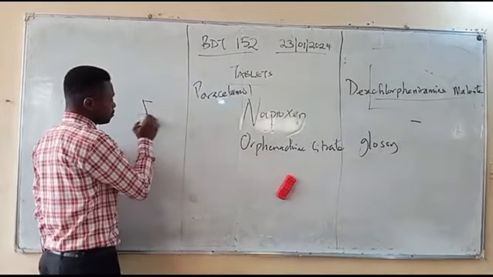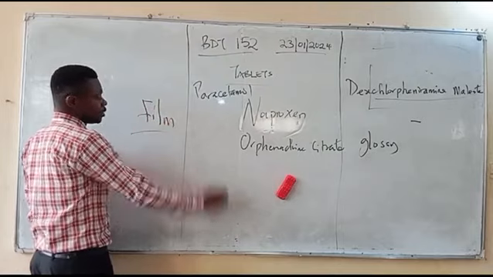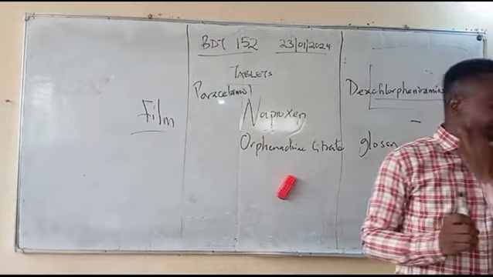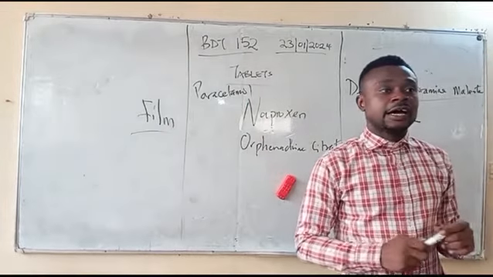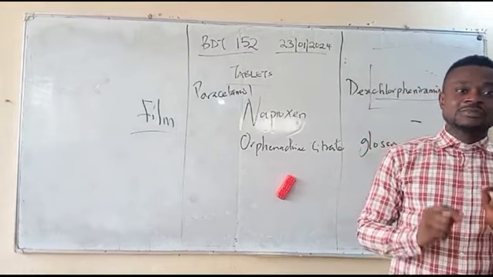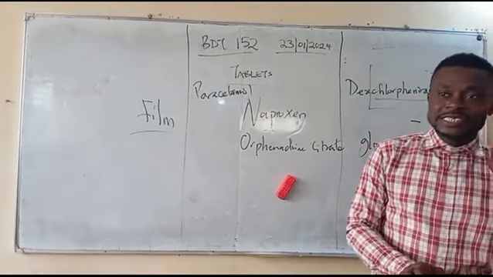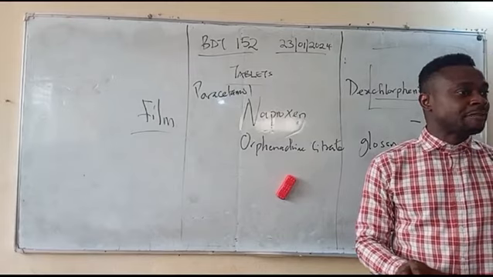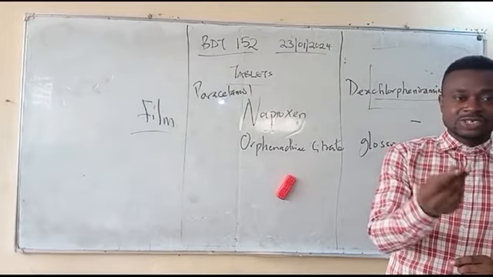This is called film-coated tablet. Have you noticed that some tablets, have you seen this different paracetamol tablet? That paracetamol tablet you will get, if you touch it, you see dust.